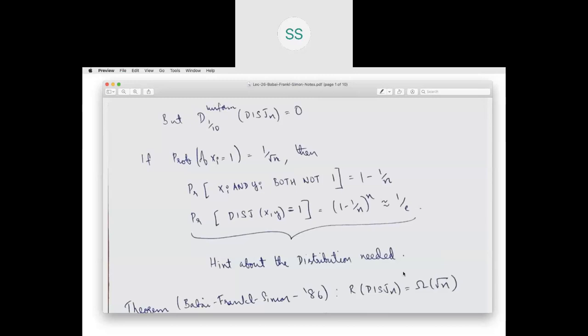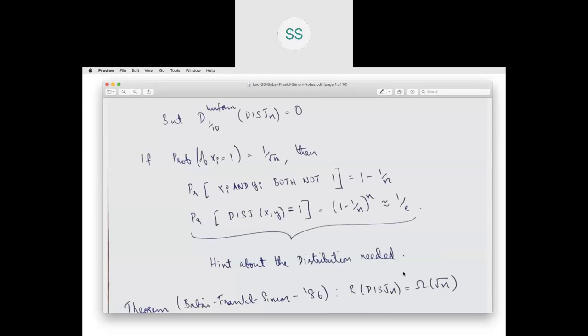Under the uniform distribution, each bit of x and y is 0 or 1 with equal probability, that is, half. If we tweak that and make each bit 1 with probability 1 by square root n and 0 with the remaining probability, then the probability that two random strings x and y are disjoint is constant, 1 by e, independent of n.